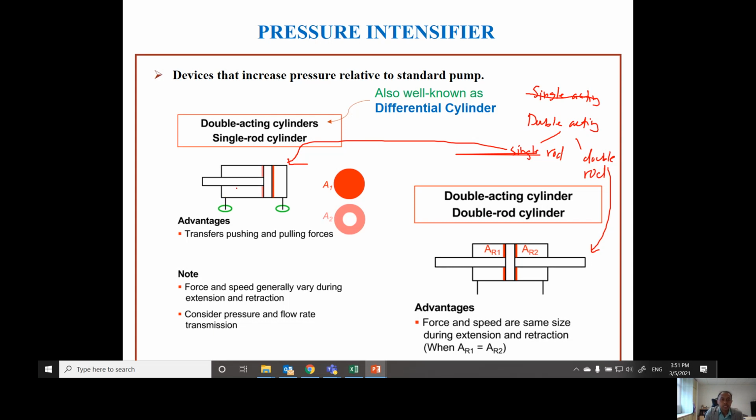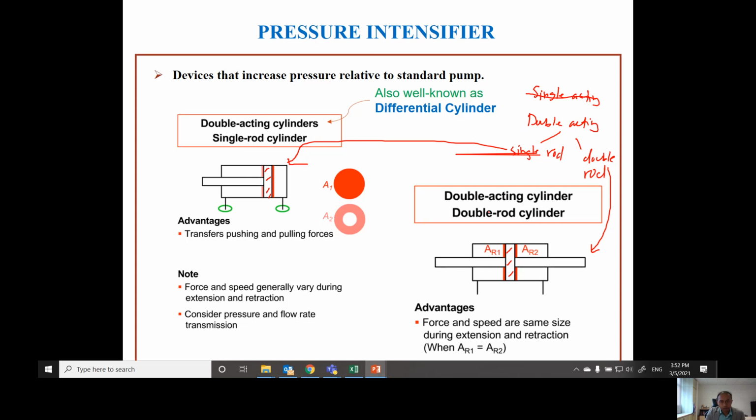Okay, so the difference you can see is, for single rod, you only have 1 rod attached on one side of the piston. This is the piston. So the rod is only on this side, on the left side. But if you have a double rod cylinder, you can see that you have a rod on both sides of the piston.